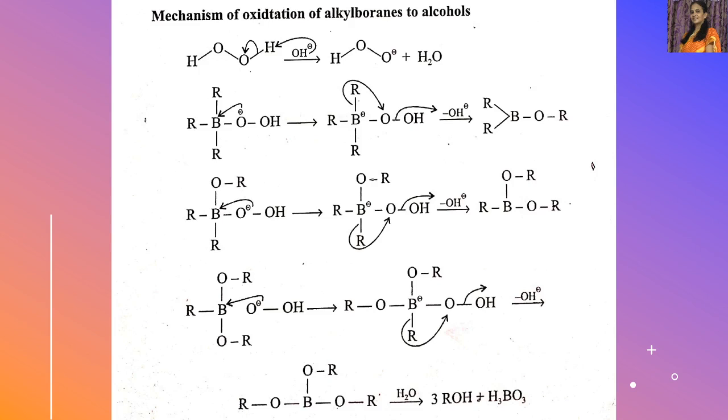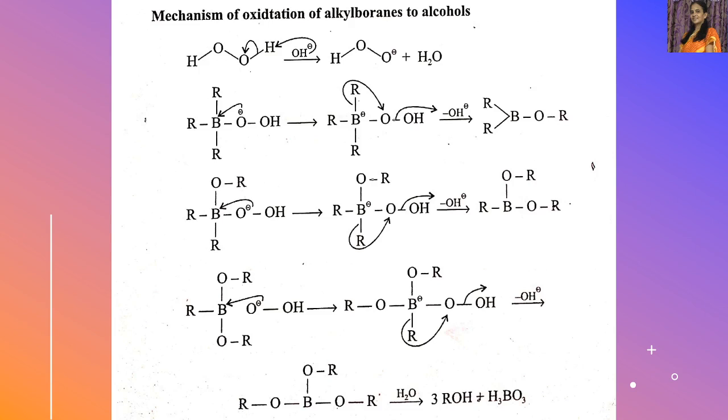This OOH minus ion goes and attacks the boron atom of alkyl borane. Okay, so the boron atom of alkyl borane is attacked. Then a bond is formed between this oxygen of hydrogen peroxide and the boron atom of alkyl borane.